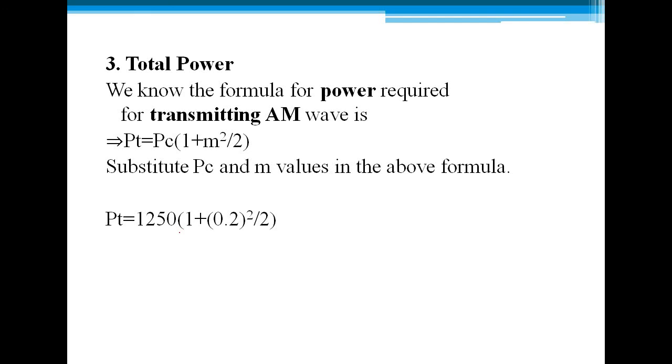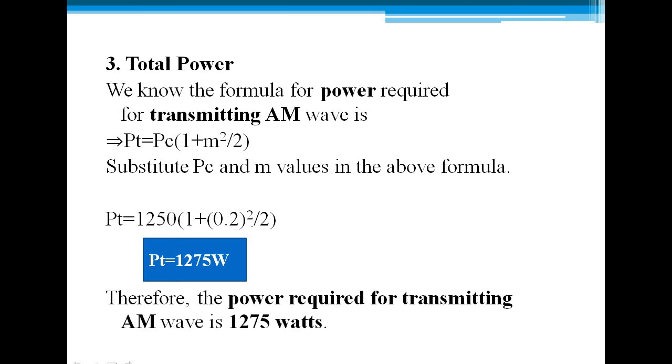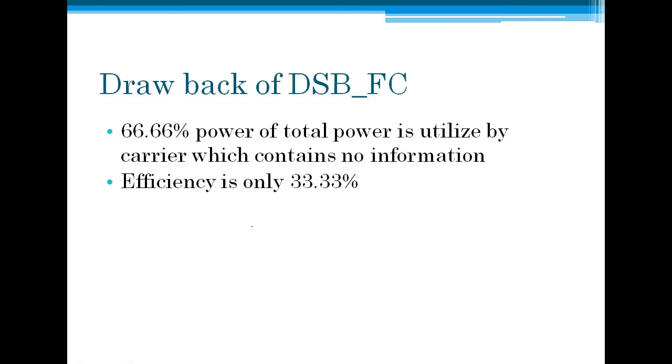My Pc is 1250 watt and my modulation index is 0.2, and by solving it the total power comes out to be 1275 watt. 1275 watt is the total power used to carry that modulated signal. Therefore the power requirement for transferring the AM wave is 1275 watt.